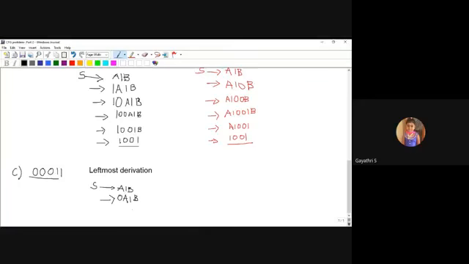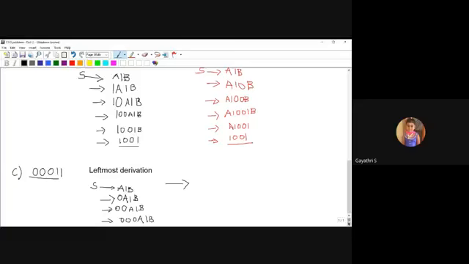Next, for this A, again 0A. Okay, for this A, again 0A. Okay, for this A, epsilon.